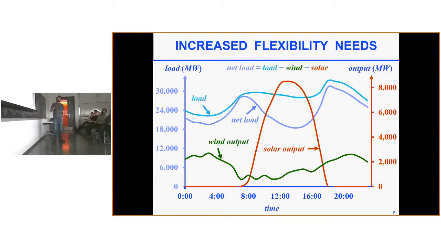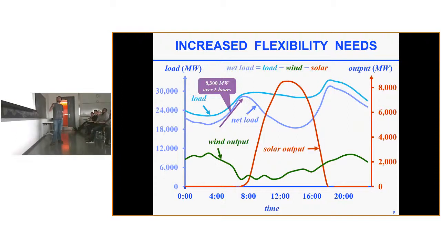And so this image shows the solar output separate from the load and the wind. The scale is different for the load and the renewable output, but you can see the impact, right? So you have an initial morning pickup load, which in some of the states, some of the ISOs, is the main challenge.